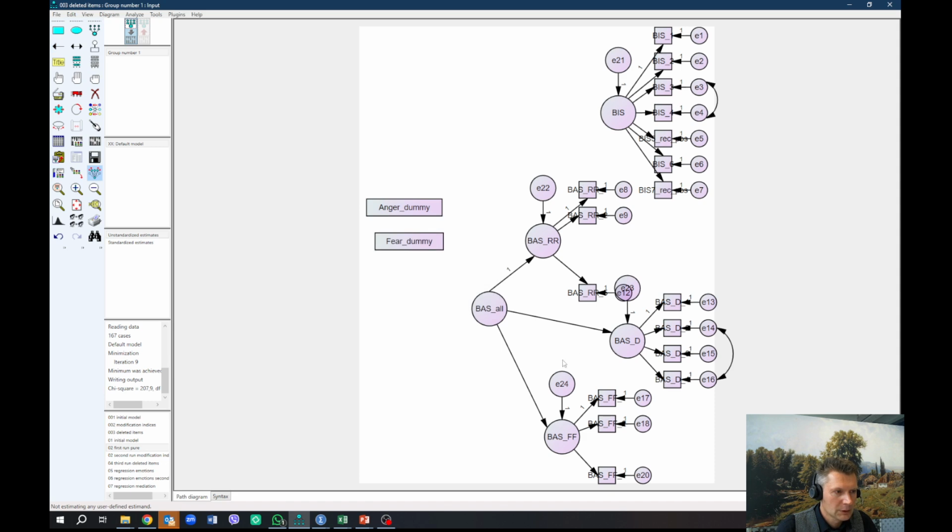You can take any of these arrows. Now we draw the lines from anger to behavioral activation and inhibition, and from here to behavioral inhibition and activation. The magic wand will make it a bit nicer, and what we miss is the error term, because it is now the dependent variable. Again, we need to name the error term of this dependent variable.